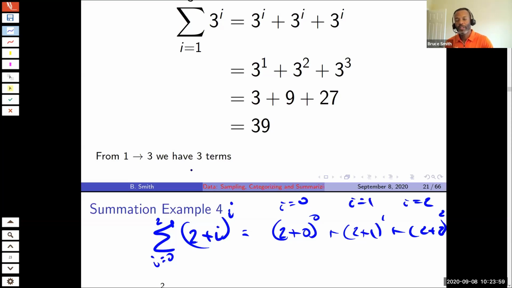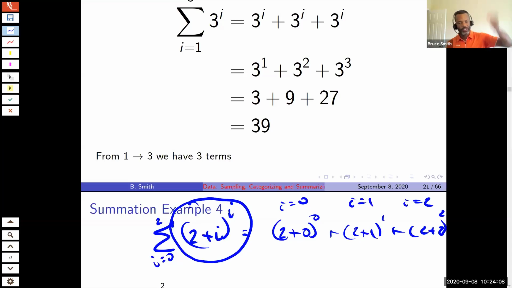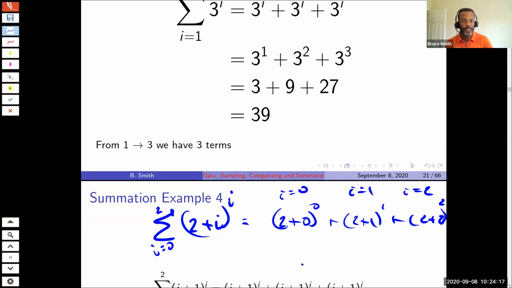So the one thing that I kind of lean on is just make sure you write this in some repeated way. Ka-chunk, ka-chunk, ka-chunk, and then just substitute the correct values of your start and stop to know when to finish. This would be, in this case, what is it? 2 to the 0 plus a 3 to the 1 plus a 4 to the 2.